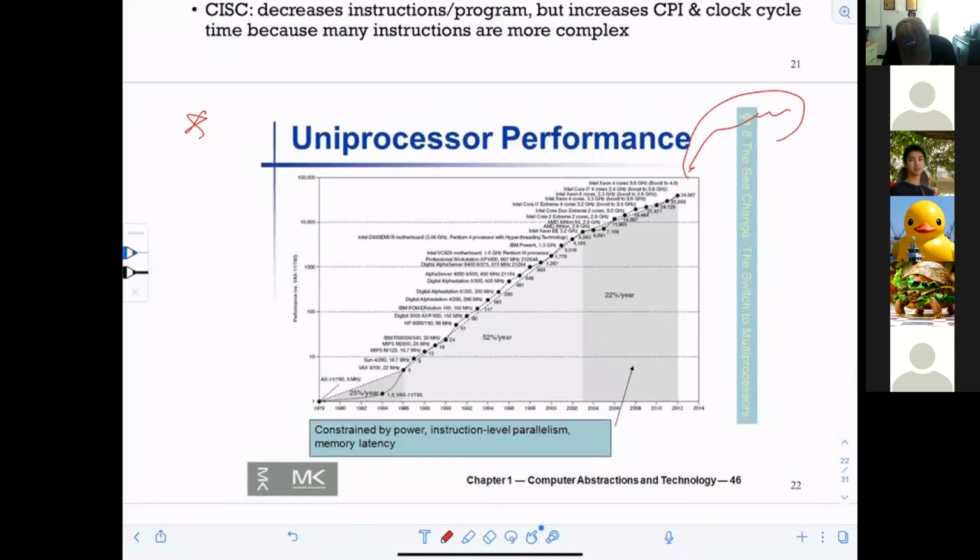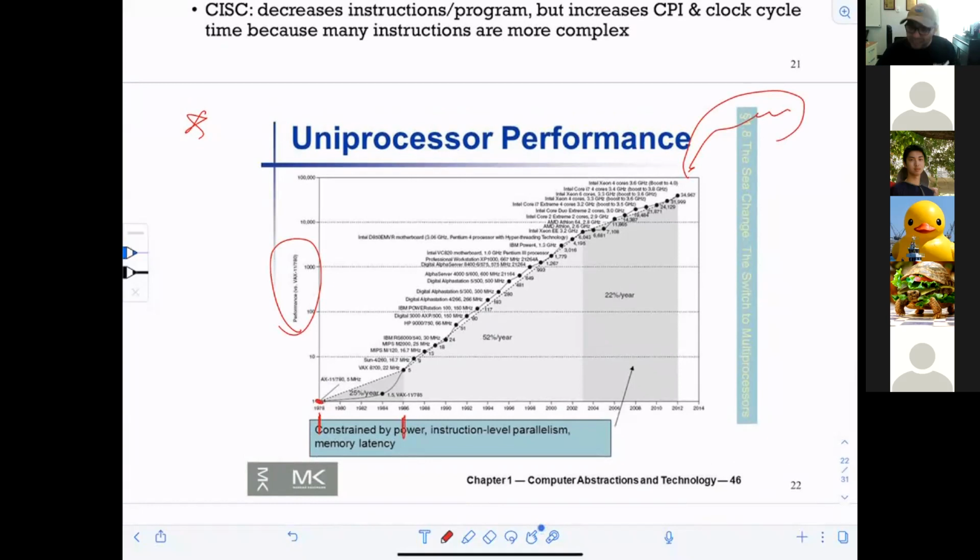In 1978, the performance was really quite small because the technology we had was not strong enough to allocate a large number of transistors on the chip.